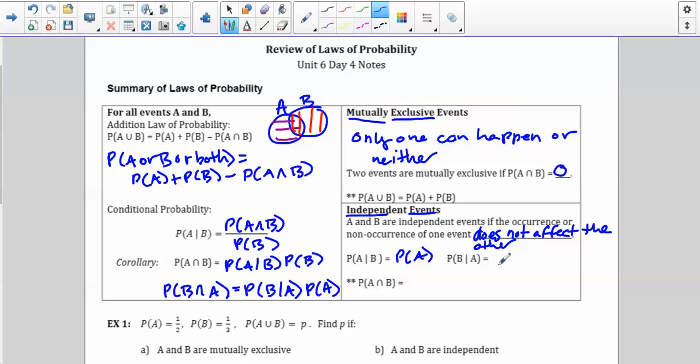The probability of B given A will be equal to the probability of B, because again, it doesn't matter if A happened. And so then you can say that the probability of A and B happening, if you look over here at your corollary, the probability of A given B, well, that's just the probability of A. And that's going to be times the probability of B.